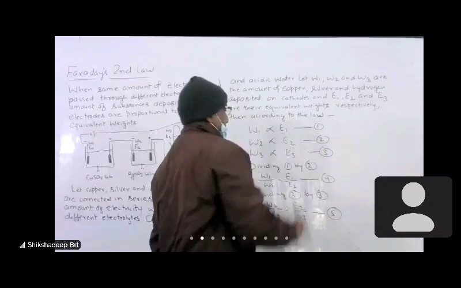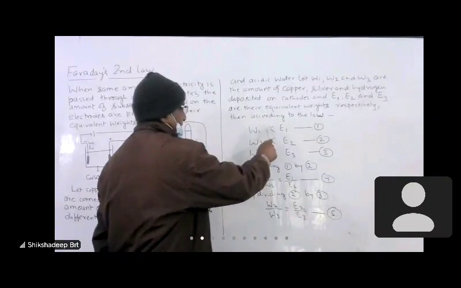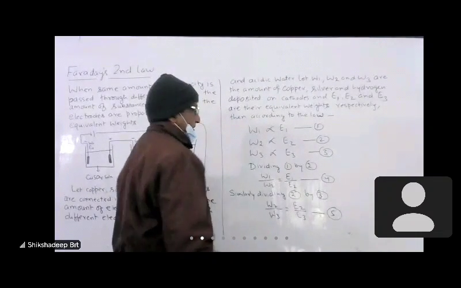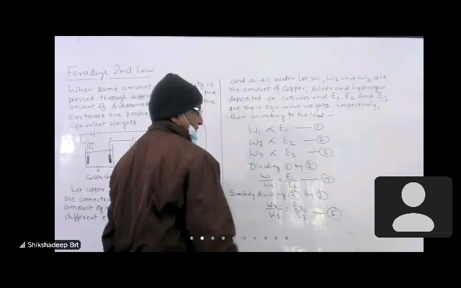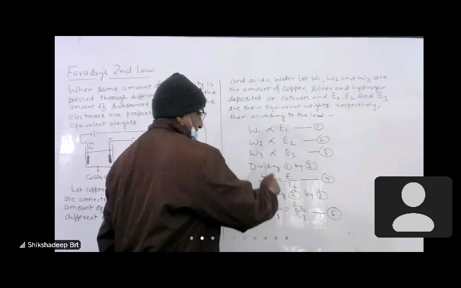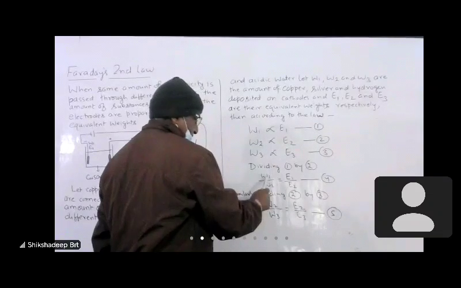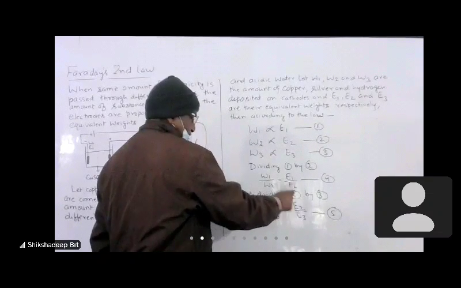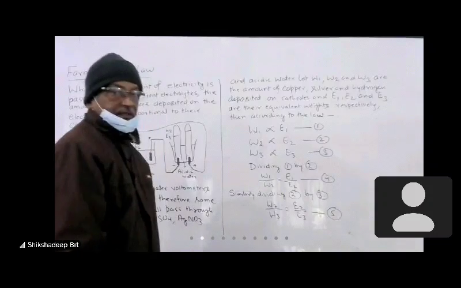Then according to the law, W1 is proportional to E1, W2 proportional to E2, W3 proportional to E3. So when you divide 1 by 2, W1 by W2 is equal to E1 by E2.